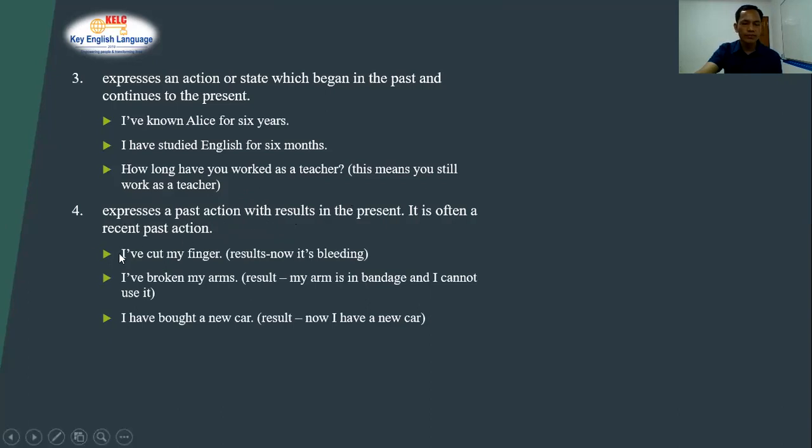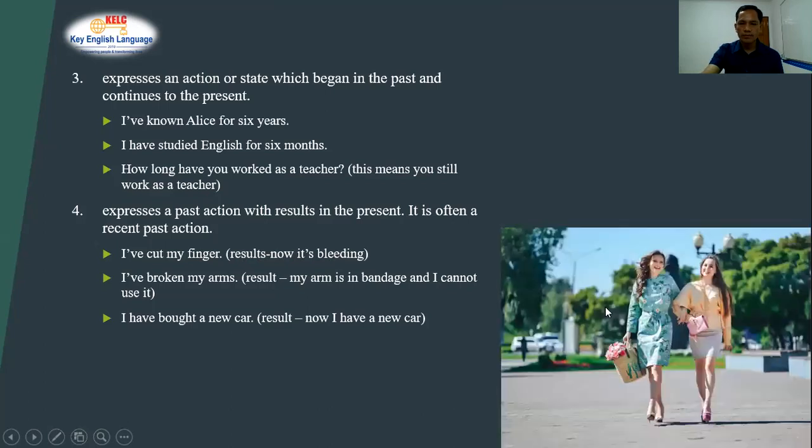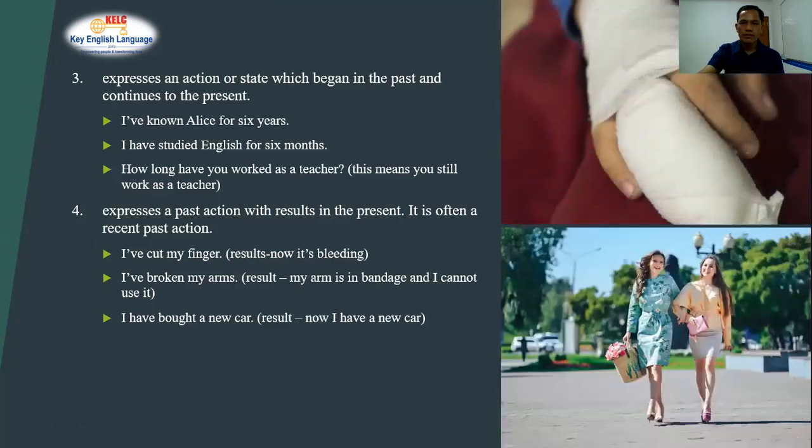Example, I've cut my finger. We call this the result because it is bleeding or it is still in a bandage. It's not cured yet, it's not healed yet. So I'm still suffering from it, the result.